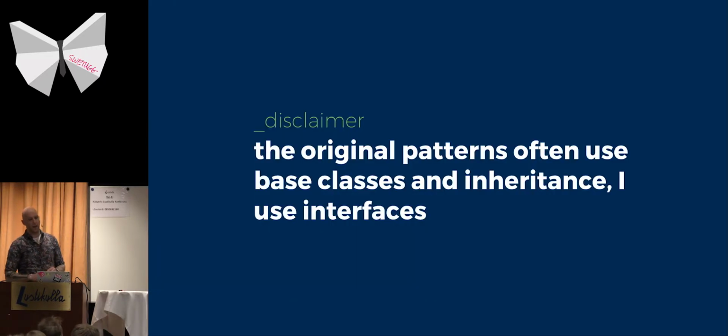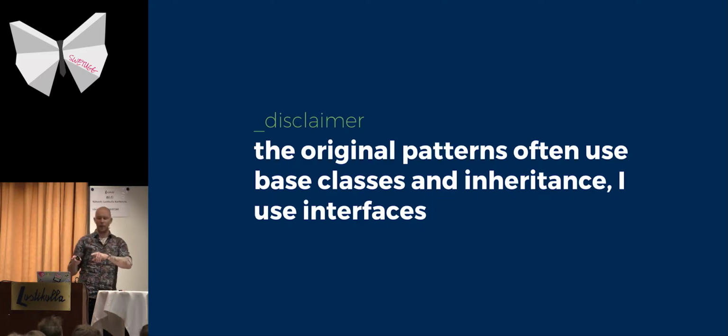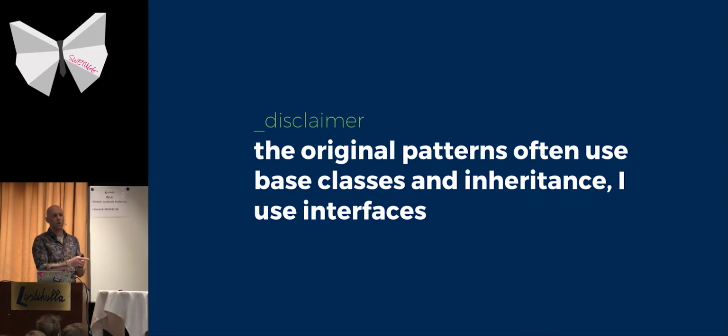And disclaimer. If you go online and you start Googling this and you start doing what Chris said was not that, nope, because my patterns are a little bit different than the ones that you will find on the interwebs. Because on the interwebs, you will see the original Gang of 4 patterns, which are all based on code that was written before 1994, which means that they didn't use interfaces and things like that.